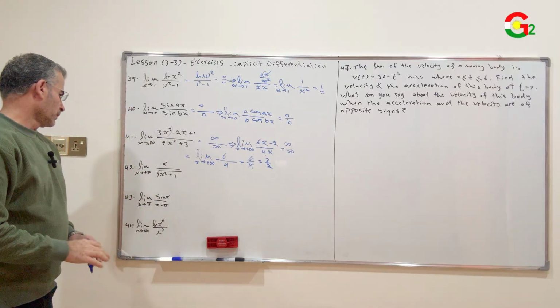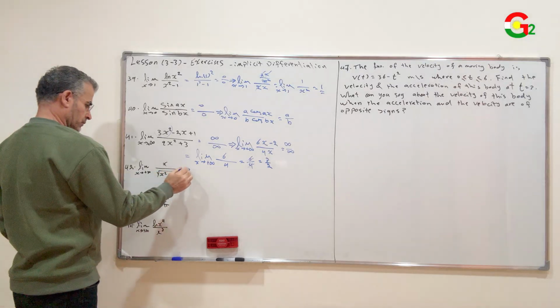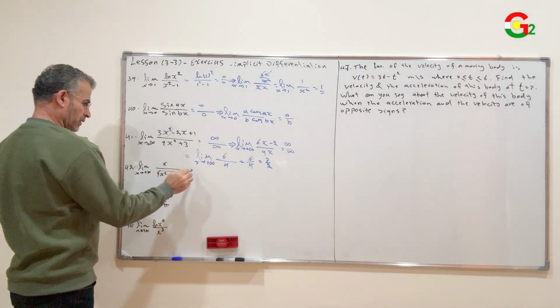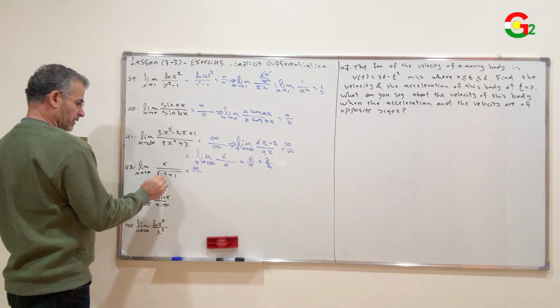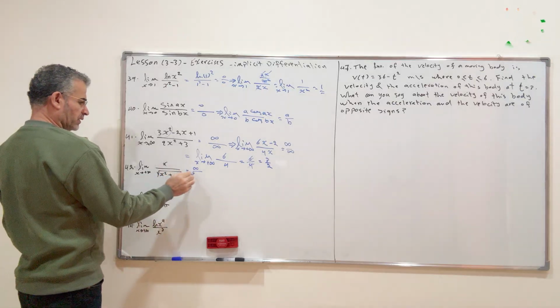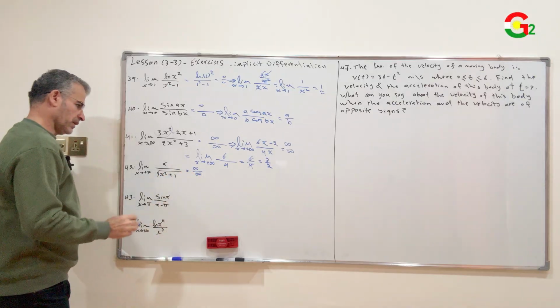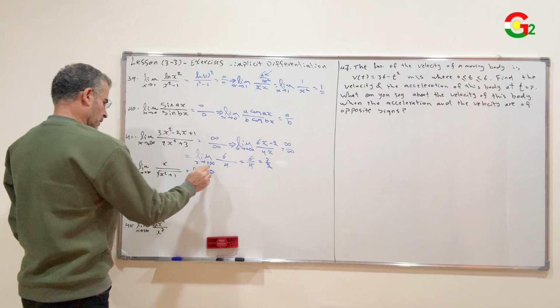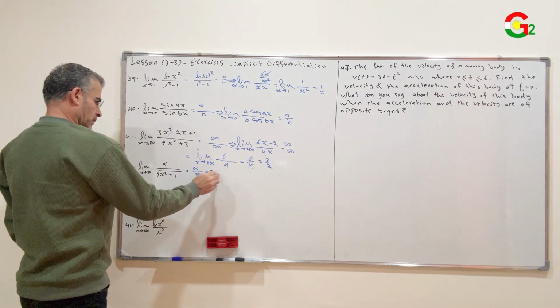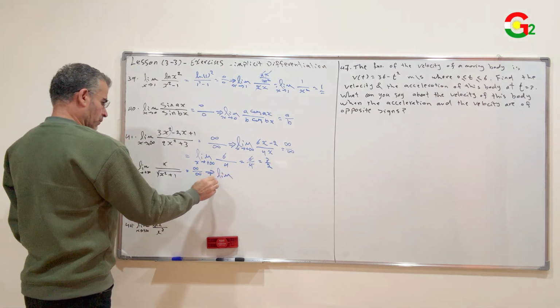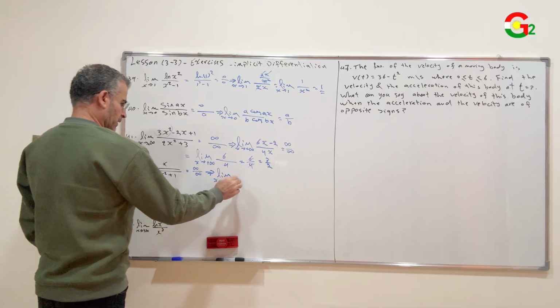Question number 42. Substitute x with infinity, infinity over infinity square, infinity plus 1, infinity square root infinity, infinity. Therefore, we will use L'Hopital rule, x approach to positive infinity.